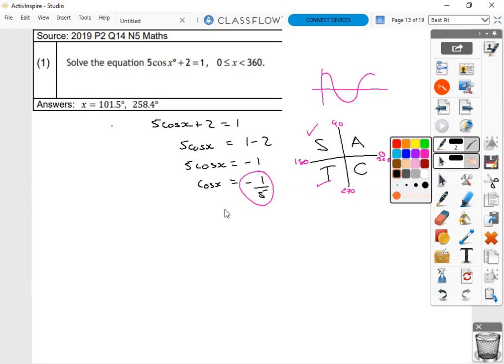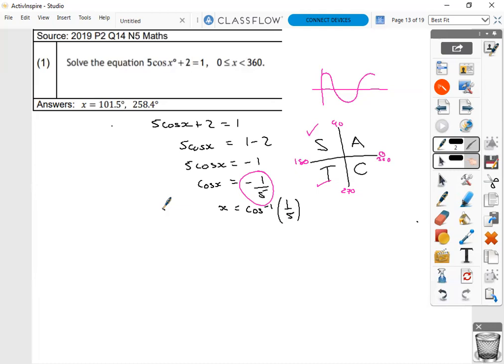I then solve this. To solve, I'm not putting a negative in my calculator. I'm moving cos to the other side. If I move cos from the left to the right, it becomes cos to the -1. That's the way I write it. And in the bracket, I'm putting positive 1/5, so I'm getting rid of the negative. This is what I'm putting into my calculator, and the 1/5 is positive.